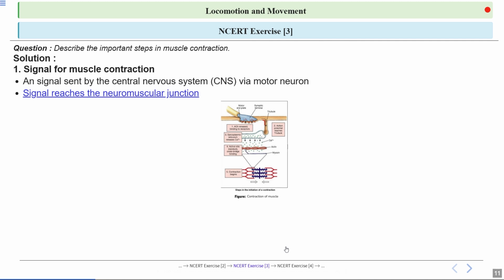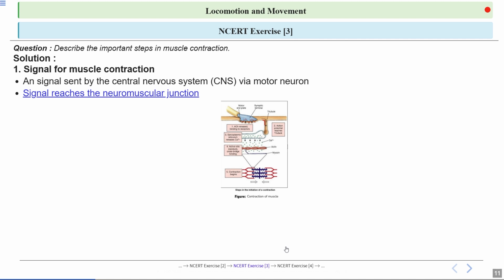Here you can see different steps, like how acetylcholine is released and binds to the receptor. Then afterwards, an action potential is generated, which reaches the T tubule. After that, the sarcoplasmic reticulum releases calcium ions, which is a very important step.